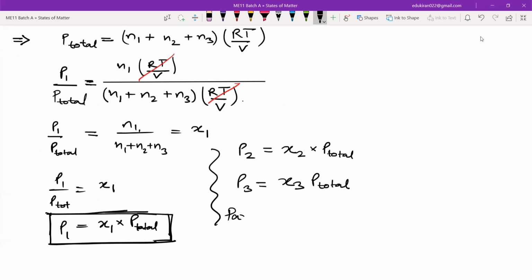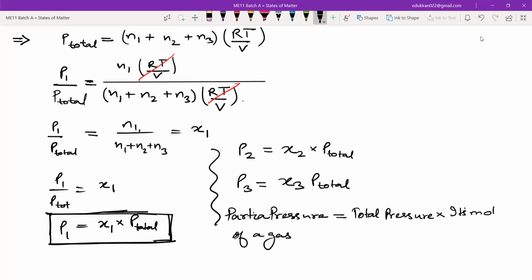So partial pressure of a gas is equal to the total pressure into its mole fraction. Okay, this is partial pressure.